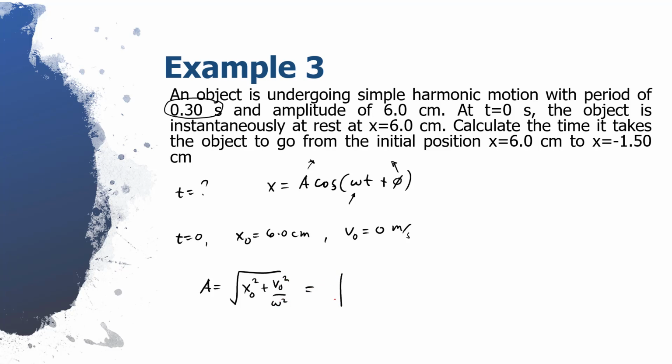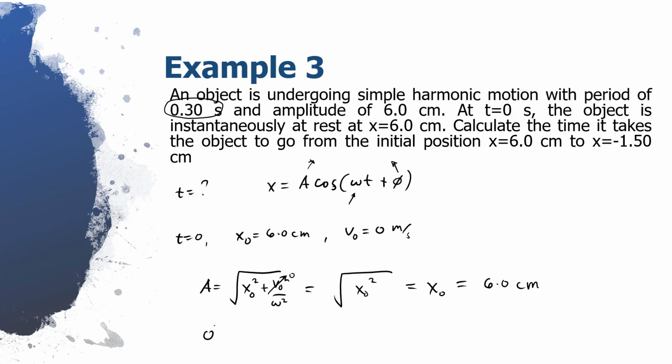And this is equal to square root of x naught squared, since v naught is 0, and this is just equal to x naught. So therefore, amplitude is just equal to 6.0 centimeters.